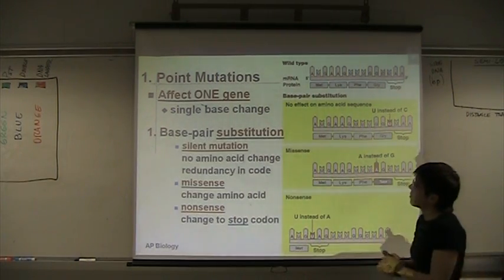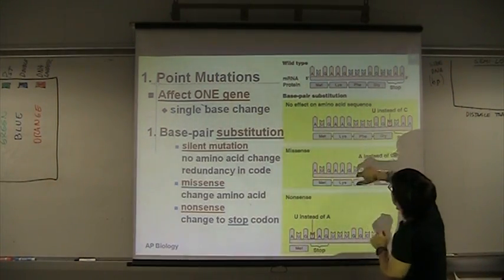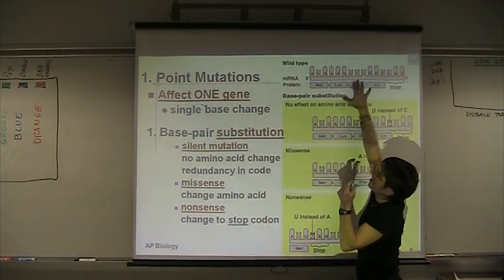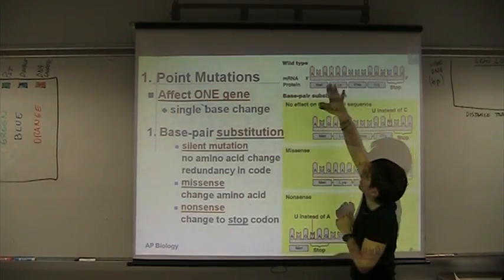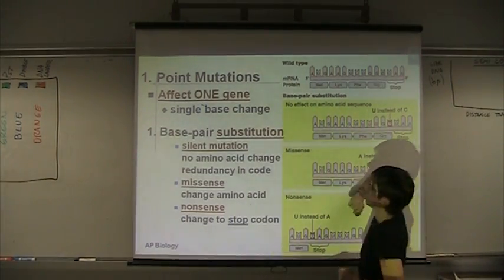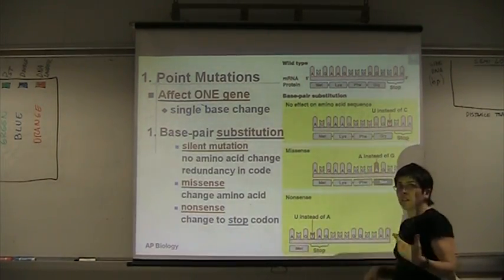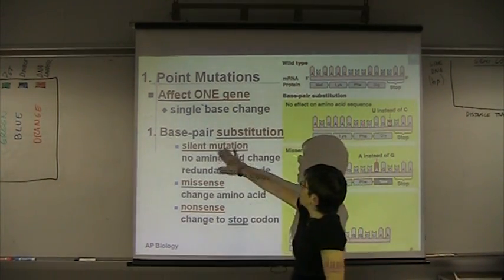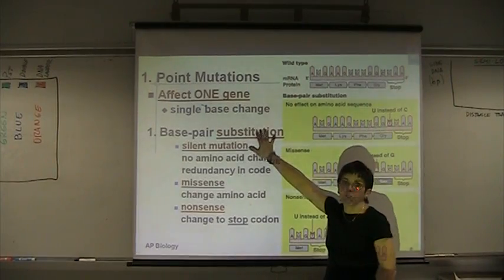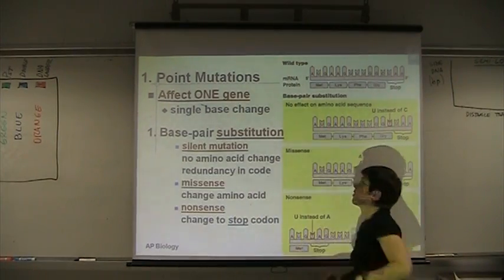So the most common one, and just to give you an idea, the top one is a piece of messenger RNA, I take a shortcut, and the protein that it is coding for. So we are going to see three different consequences here. One type of mutation that we can have is what's called a substitution. You just change one letter for another.